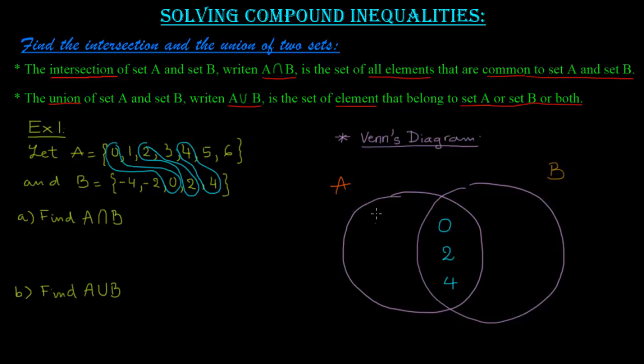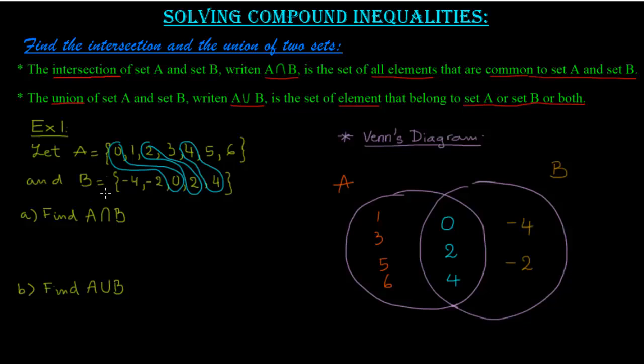In set A, the elements left over are 1, 3, 5, 6, so in circle A we fill in 1, 3, 5, and 6. In set B, we still have -4 and -2 left over, so I fill in -4 and -2.